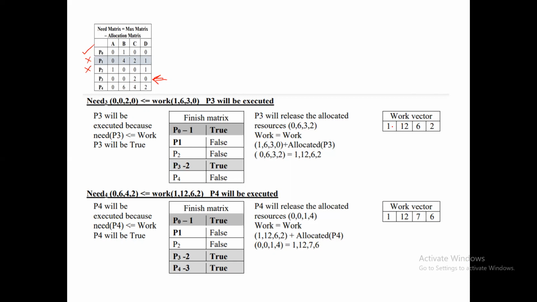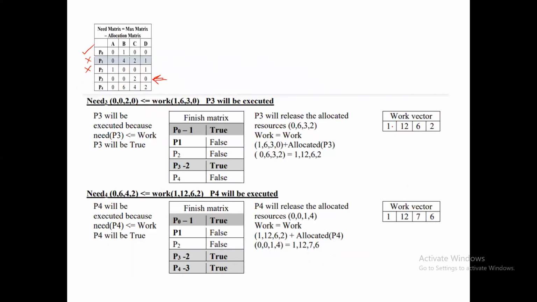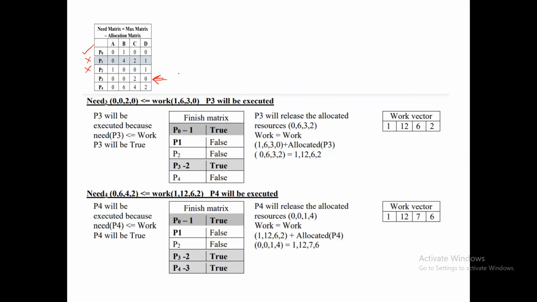What is the current work that we have? Right, 1630, as you're able to see here, from the previous case. So we are trying to compare this with 1630 from the previous slide. So check whether the 0020 is less than the work 1630 or not. Each and every type, as you are able to see, is less than this. So because it is less than this, we can proceed further for allotting the resources.